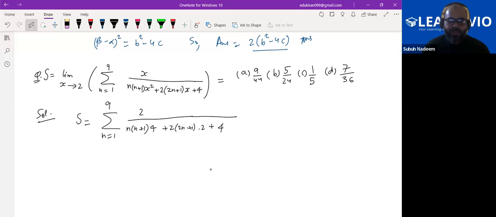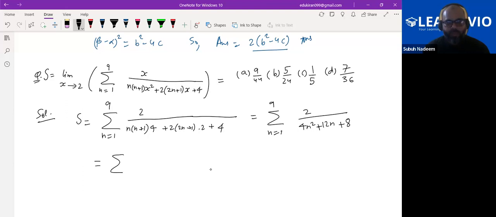So we will put x is equal to 2 here, and we will get 2 here, 2 square here, and 2 here. So this would be sigma n equal to 1 to 9 of 2 upon, and if you simplify this, you will get 4n square and 4n plus 8n, so 12n, and then 4 plus 4, 8.